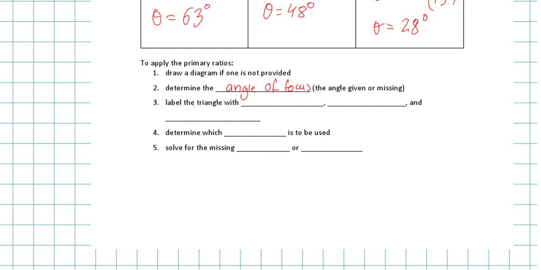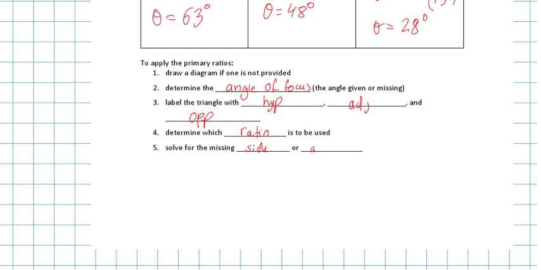Then you're going to label your triangle with hypotenuse, adjacent, and opposite. Then you're going to determine which ratio is to be used, sine, cosine, or tan, and then solve for the missing side or angle.